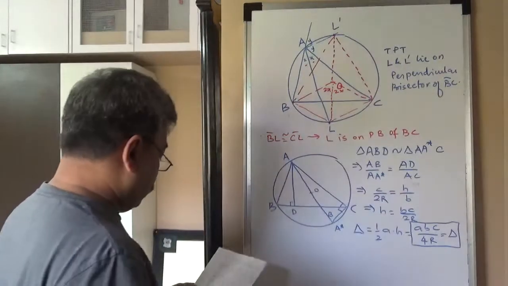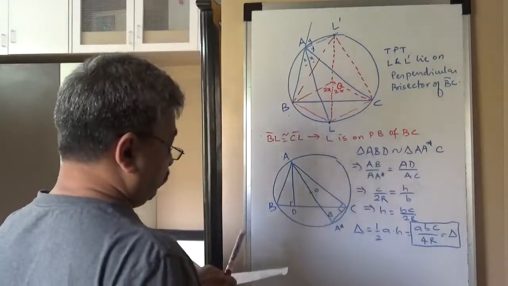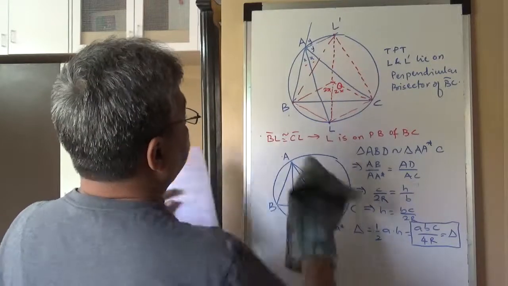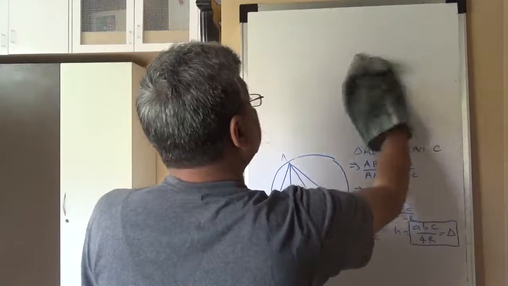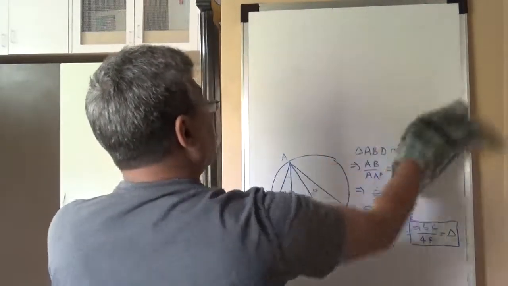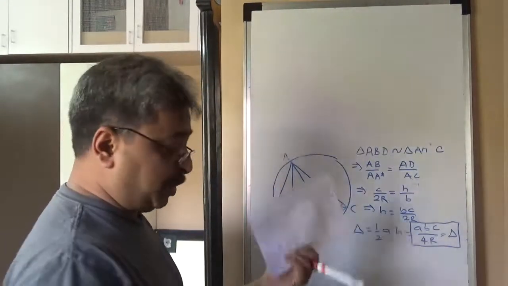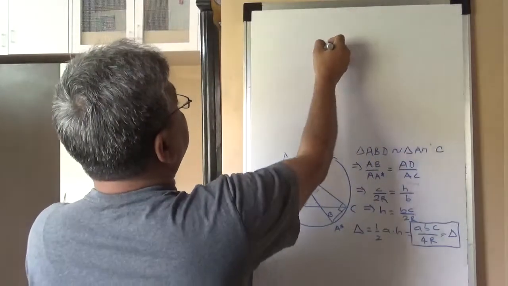Okay. Now the last thing that we need to do in lecture number 48 is what is called power of a point. We have already seen what we mean by PA into PB is equal to PC into PD. So this is an extension of that.